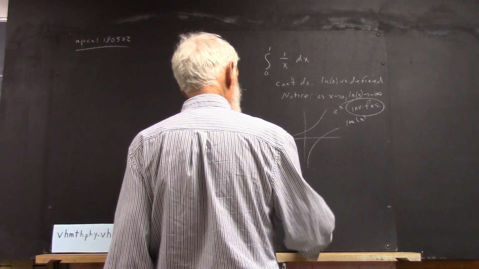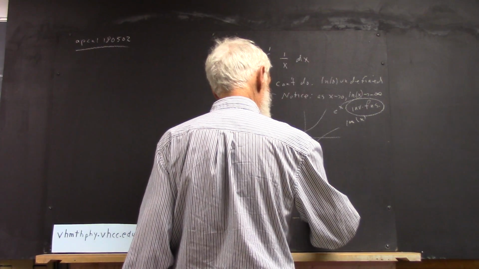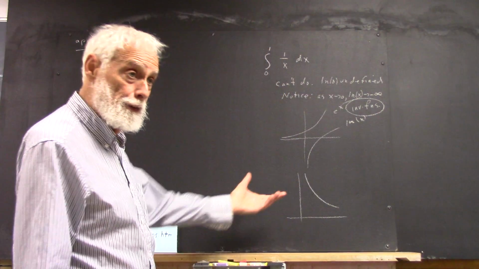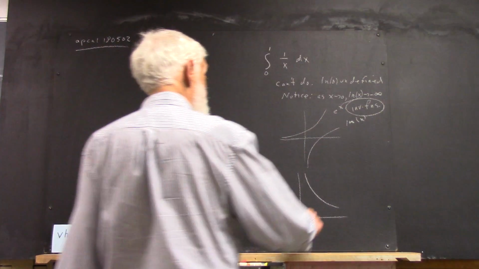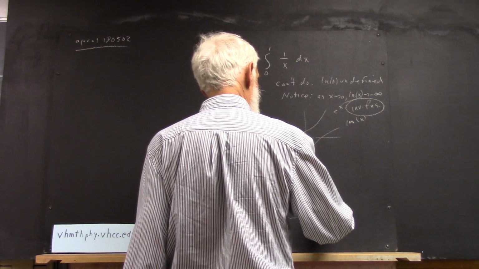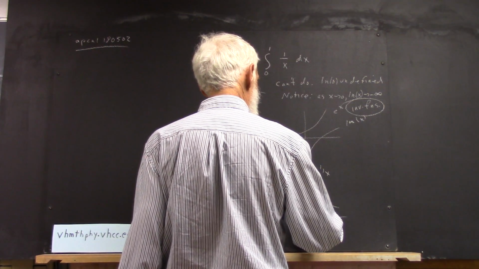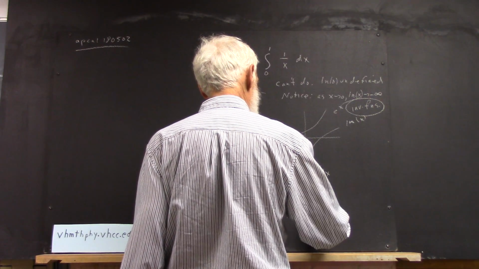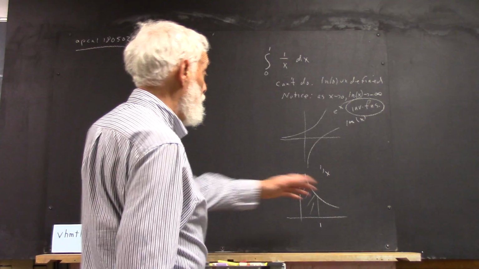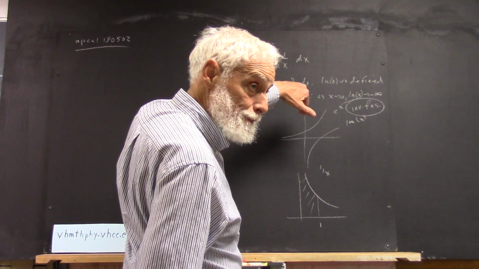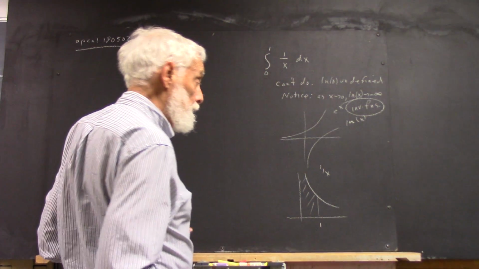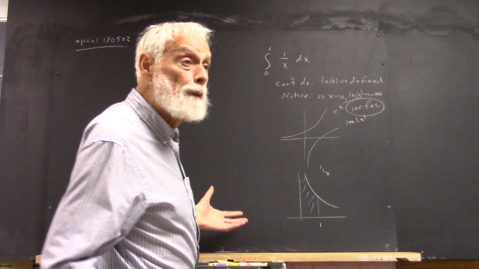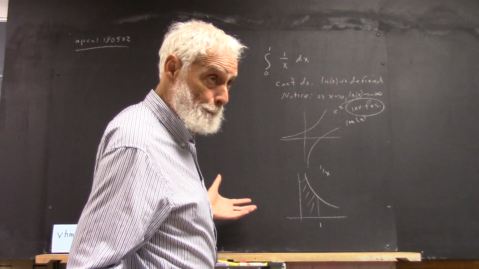But the idea that the area under the 1 over x curve is unbounded should be completely obvious to you. That's your 1 over x curve. You've got a lot of area up here as you approach the asymptote, okay? And that area turns out to be unlimited, okay?